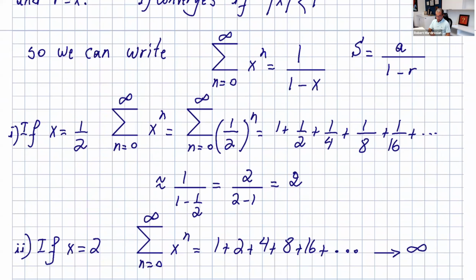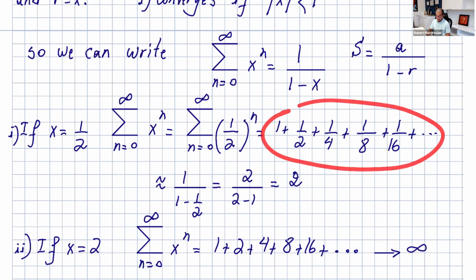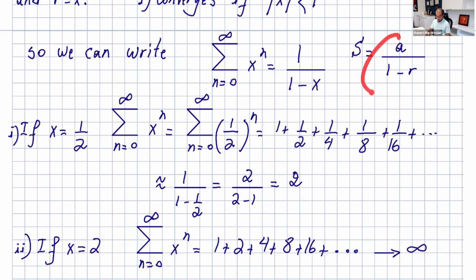Now let's see what happens if x equals, I picked a number between -1 and 1, x is 1/2. If we expand this, we get 1 plus 1/2 plus 1 over 4, and it just keeps going. Those numbers get smaller and smaller, so that's a finite sum, and that's approximately 1 over 1 minus 1/2, and you get 2.